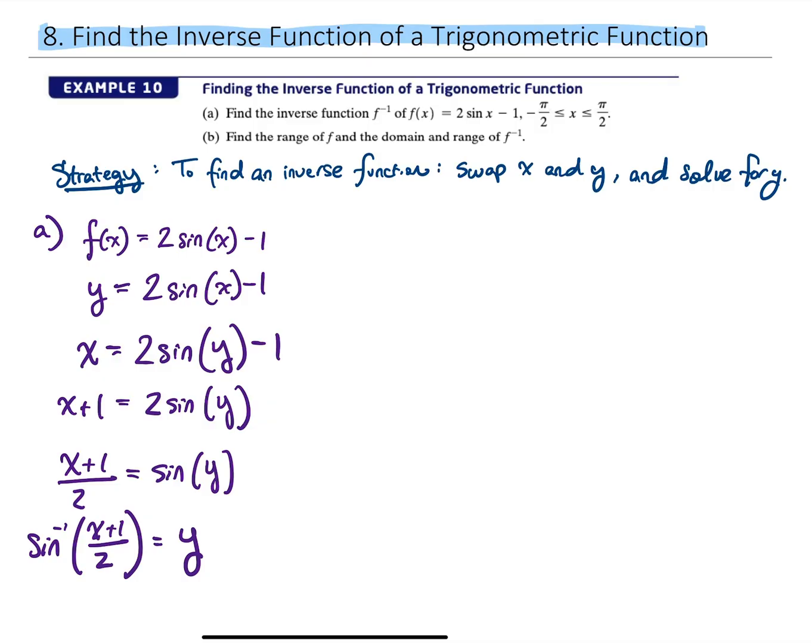So this will be our inverse of that original function they gave us. So again, the trick is to write out the function, swap x and y, and then solve it for y. And in part B, it wants the range of f and the domain and range of f inverse.